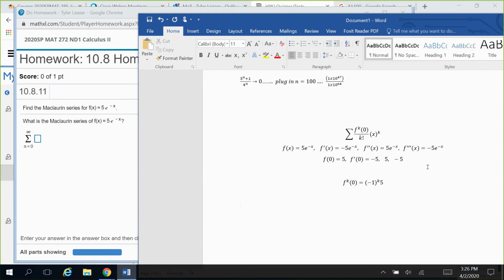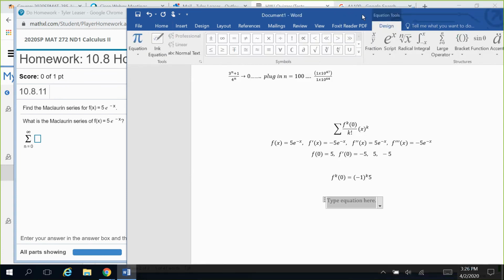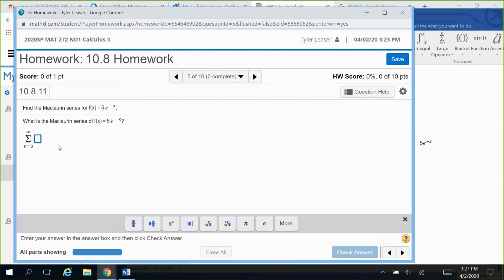So now if we plug that into my Taylor series up there, we're going to have the negative 1 to the k times 5, divided by k factorial, and then times x to the k. And I don't think there's anything else we can do to this. I think we're just kind of stuck with it as is, and I think that's what the homework's going to want here.